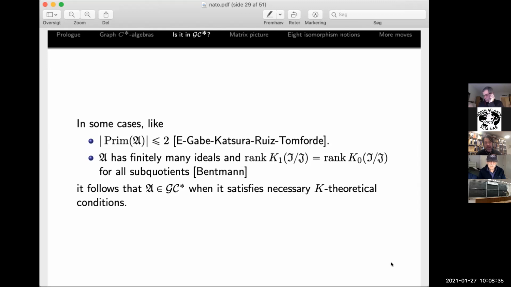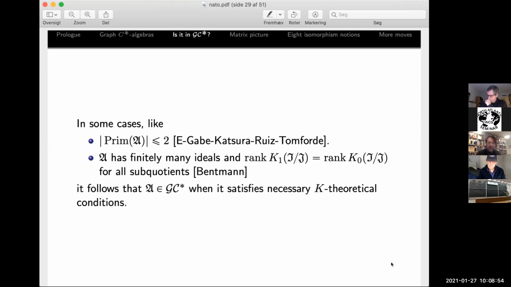We have results that say, suppose you have a graph, you have a C-star algebra, and it has the K-theory of a graph algebra. Then you would like to be able to conclude that it is a graph algebra. And we can do this for the simple case, which is easy, and we can do it with one ideal.